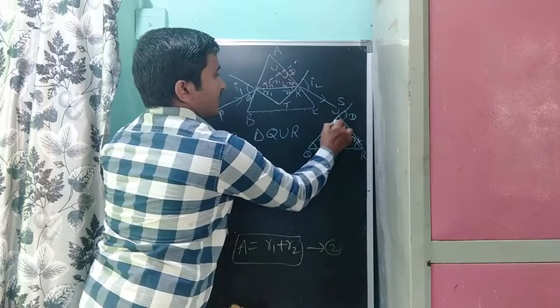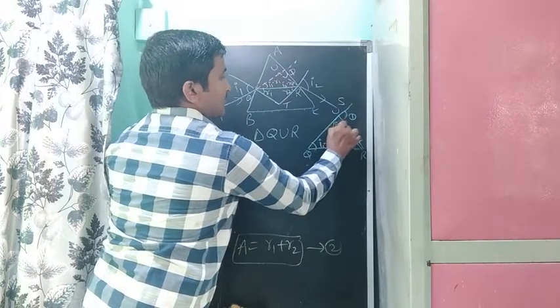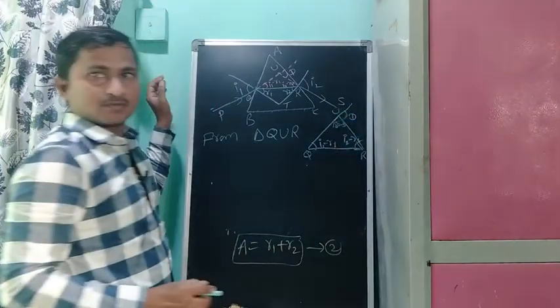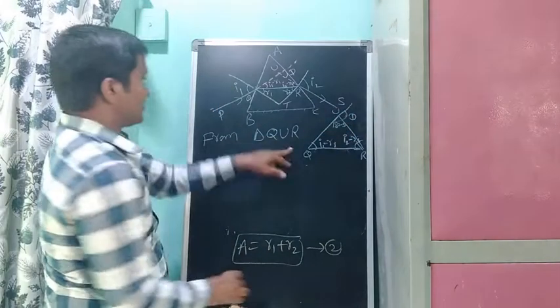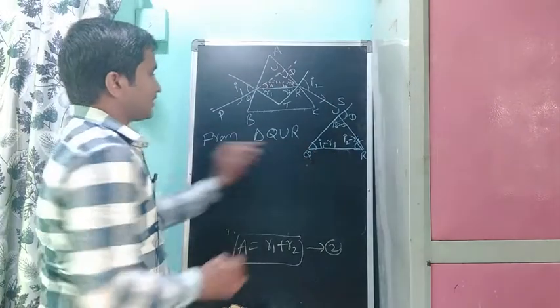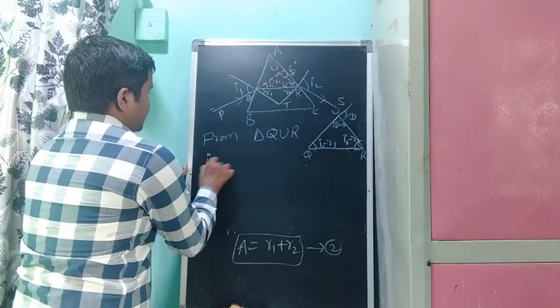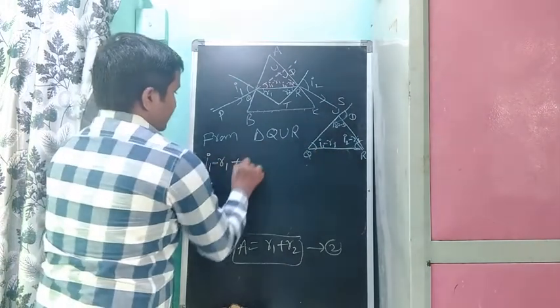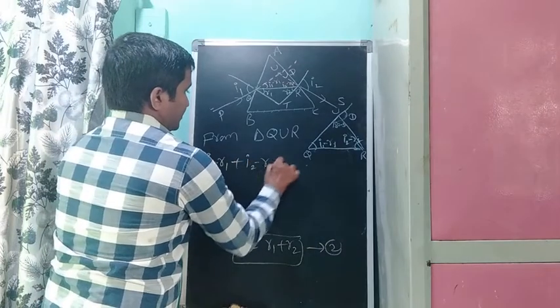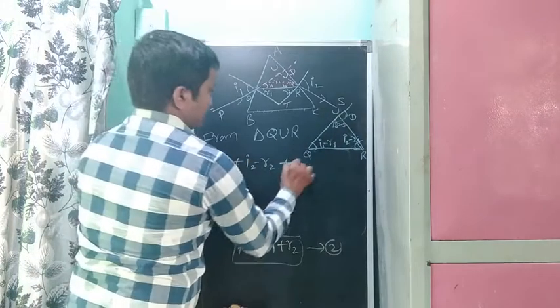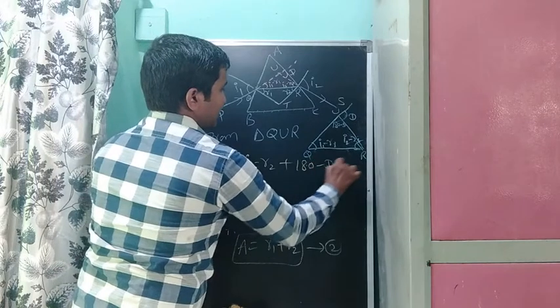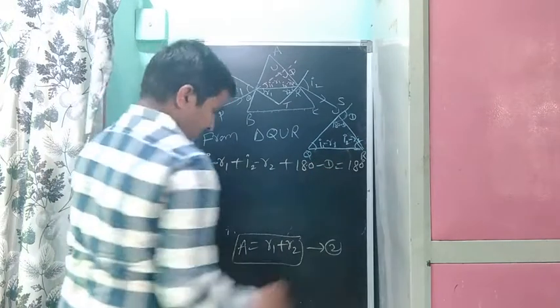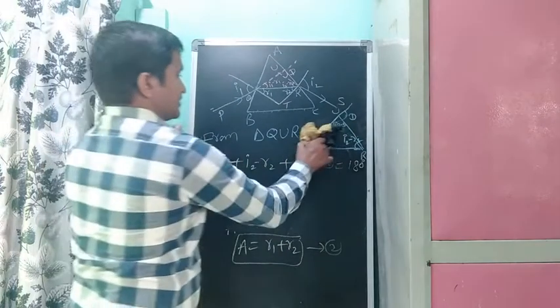Then 180 minus D gives the angle at U. So from this triangle QUR, the angle at Q, I1 minus R1, plus the angle at R, I2 minus R2, plus the angle at U, 180 minus D, equals 180 degrees.